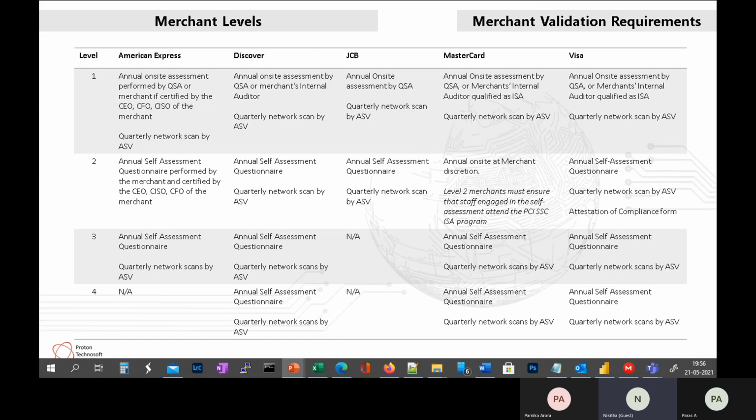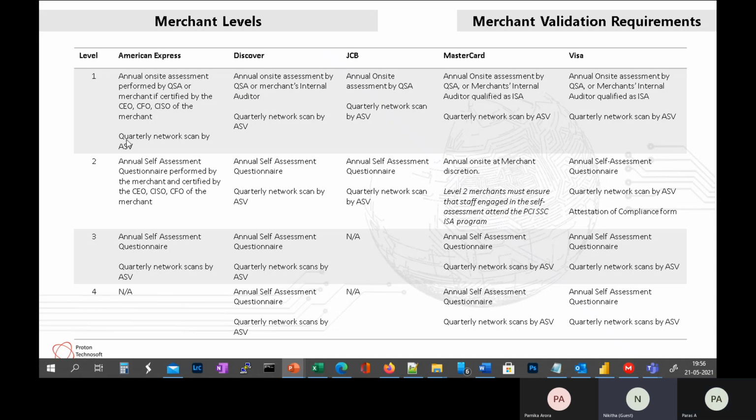QSAs are the authorized individuals who can do audits for any company. ISAs are internal auditors, so they can only work in their own company. They can't audit for other companies. These people will be settled in product-based roles, while QSAs can also give service-based work.